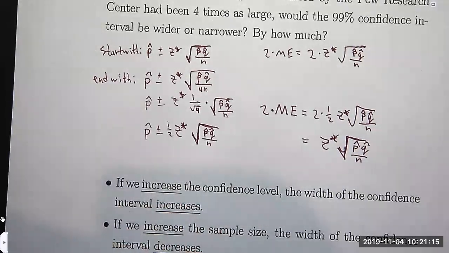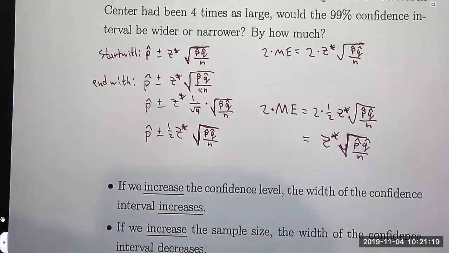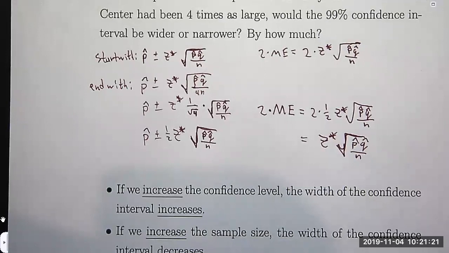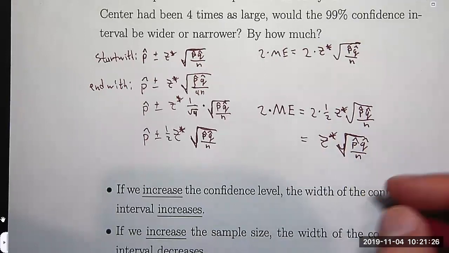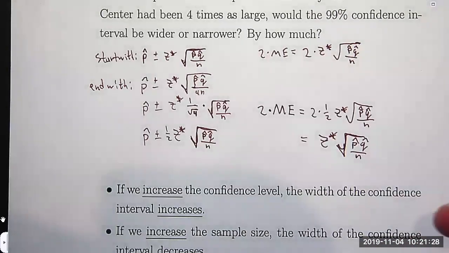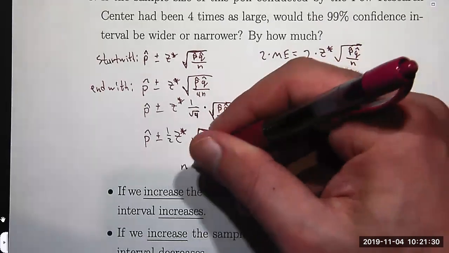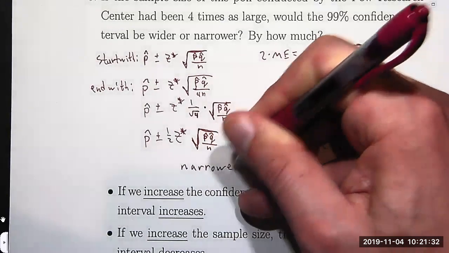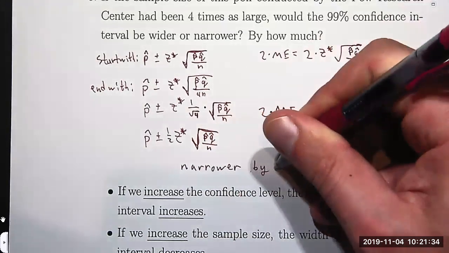It's a square root of 1/4 or half. All right. Okay, so I guess to answer the question, we would say narrower by half.